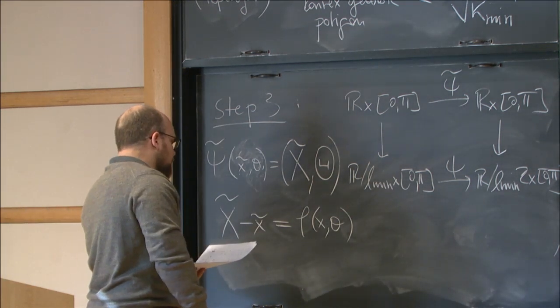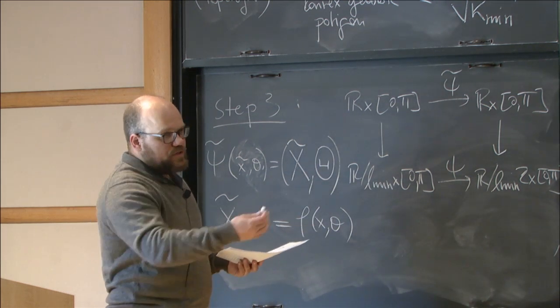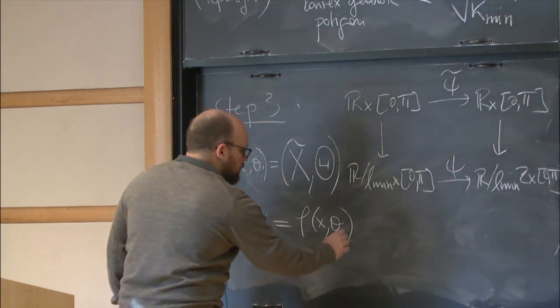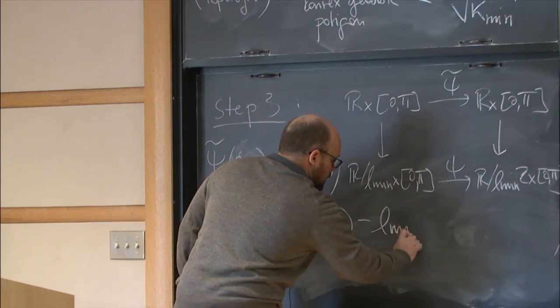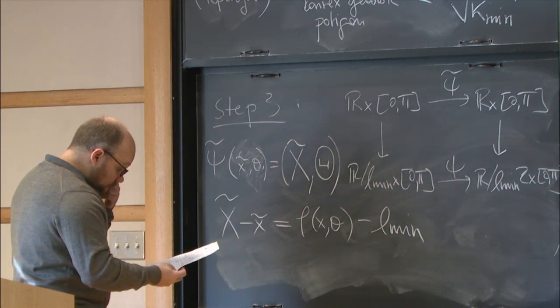So if you can do this, you can also do, I mean, if you have a certain lift, you can also translate the lift by another period of the strip, and you get a different lift. So we can translate by taking away L mean.